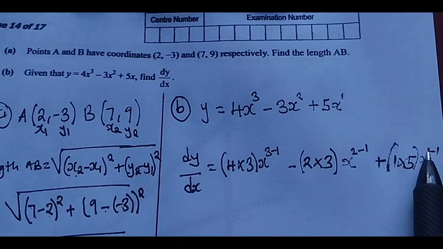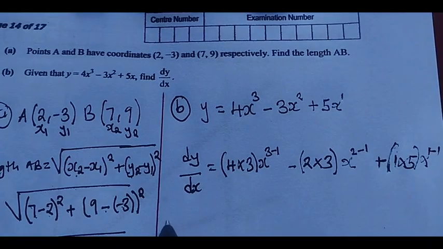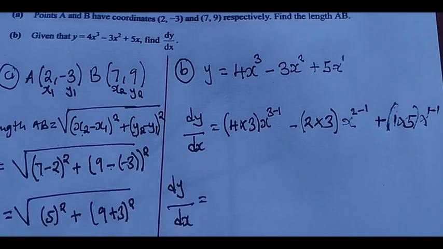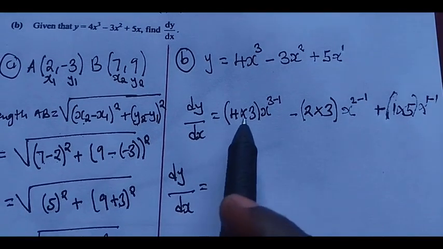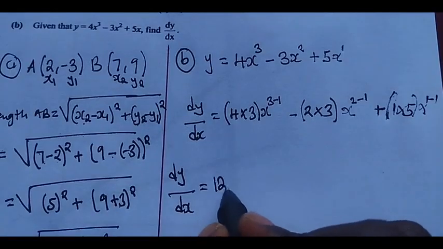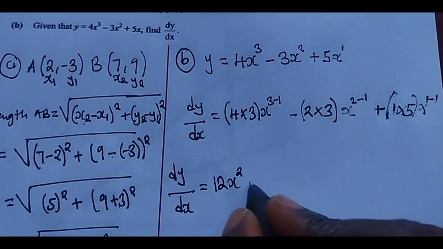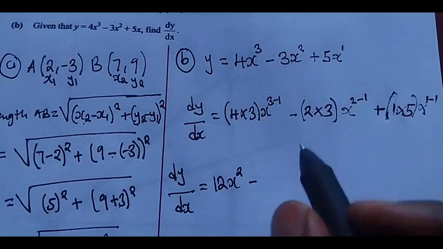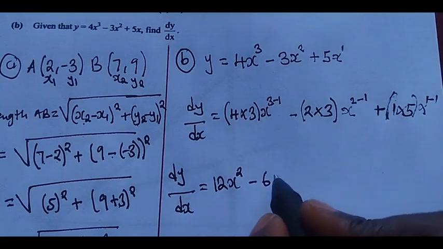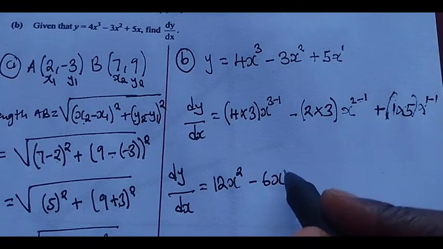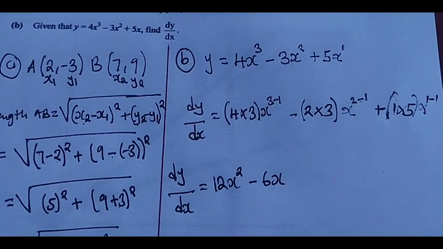This is 1 minus 1. So from here we are going to say dy/dx equal to, so here 4 times 3 will get a 12x, 3 minus 1 to be power 2, minus 2 times 3 will be a 6x. So 2 minus 1 to be a power 1 on top. I can just write like that, it's fine.